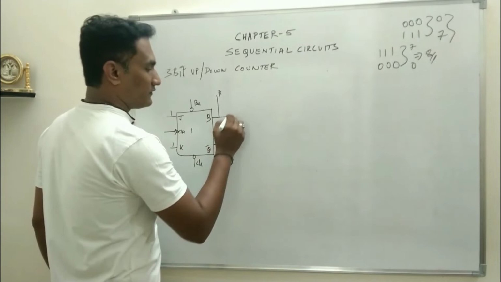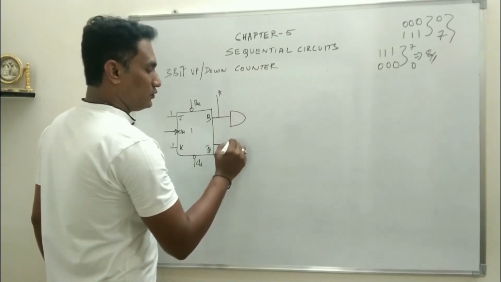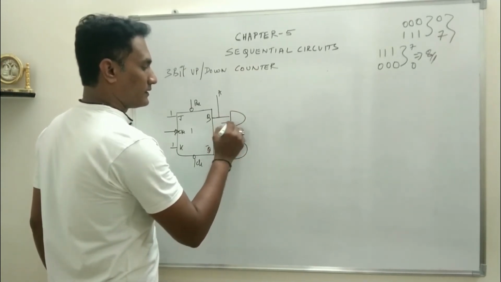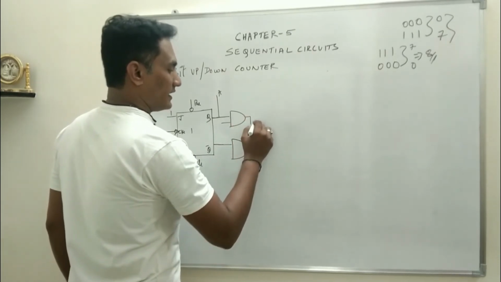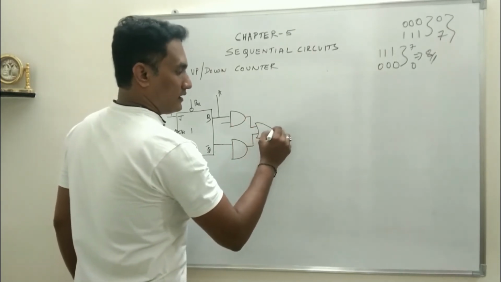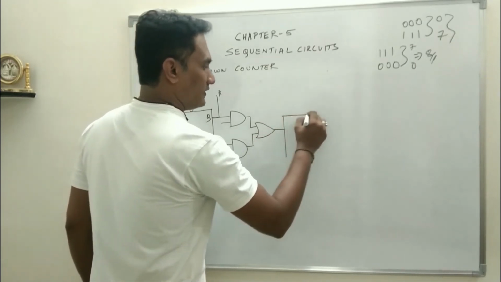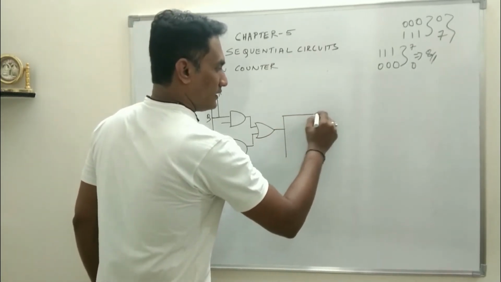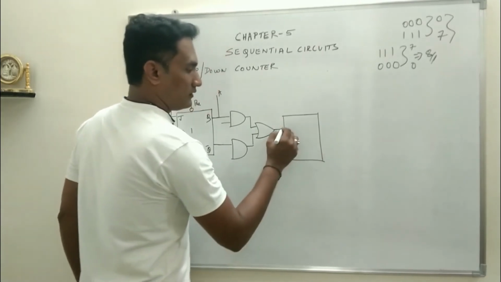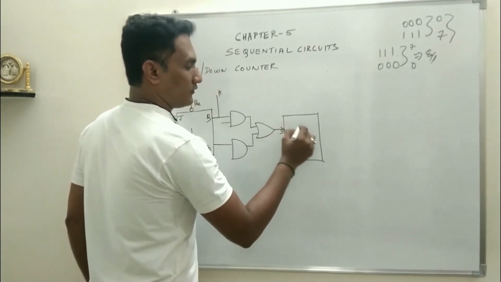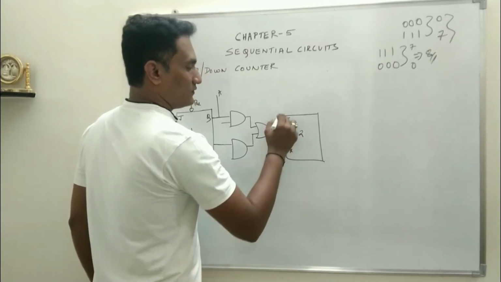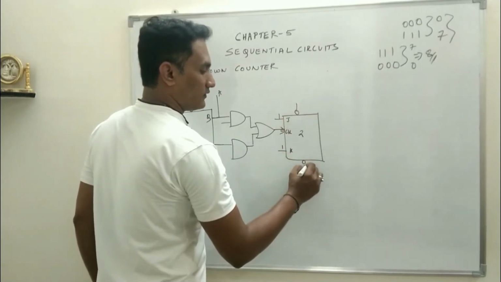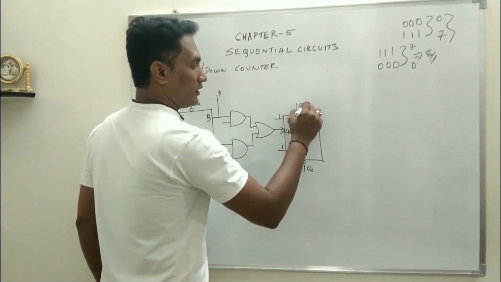At the output of the first, we will be having 2 AND gates, and the output of these AND gates is connected to an OR gate, and the output of the OR gate will be the clock input for the second. Of course again J and K, because we are using all flip-flops working in toggle mode.